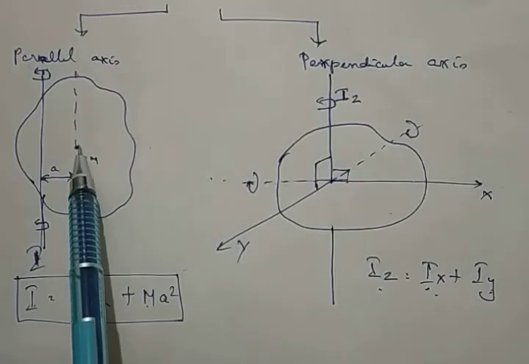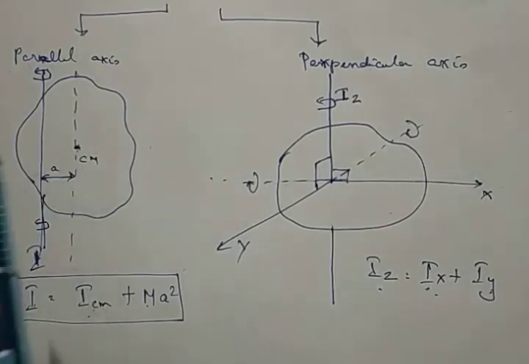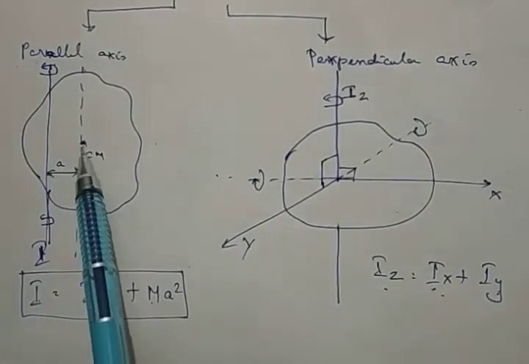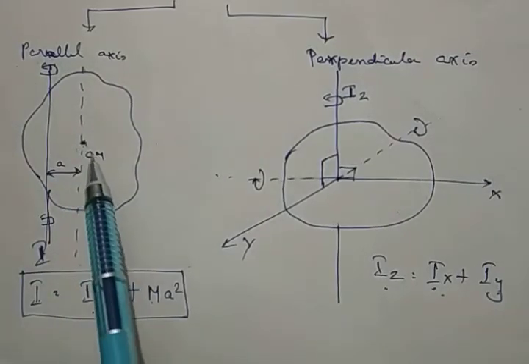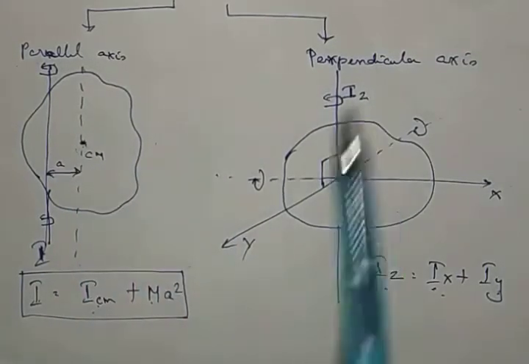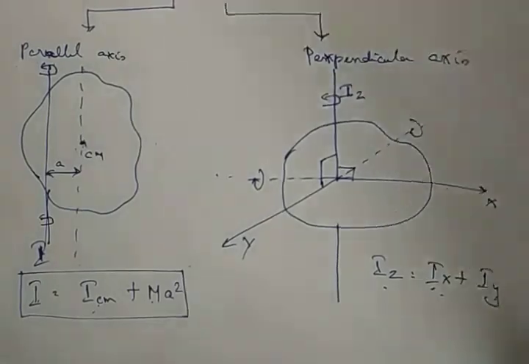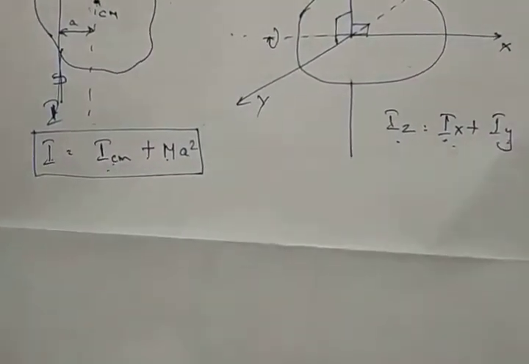In case you are able to find a value for the perpendicular axis, right from the center to the top, and you wanted to find that particular thing, then you might have to go to the perpendicular axis theorem, right? Another important observation I would like to make is this.